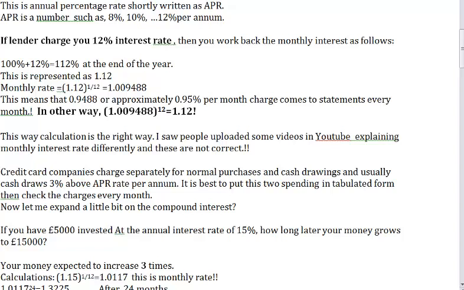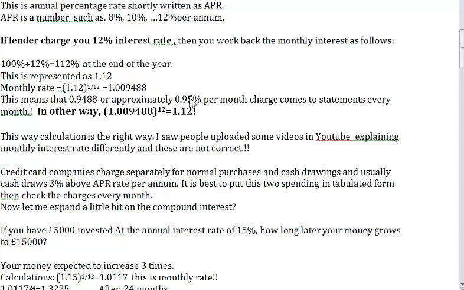It is not a proportional relationship, because compound interest is not proportional. It is parabolic, like exponential.